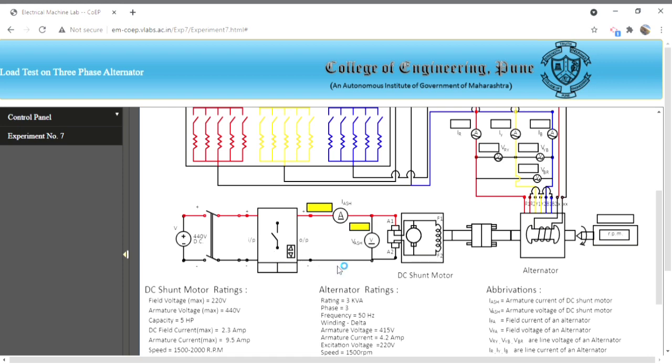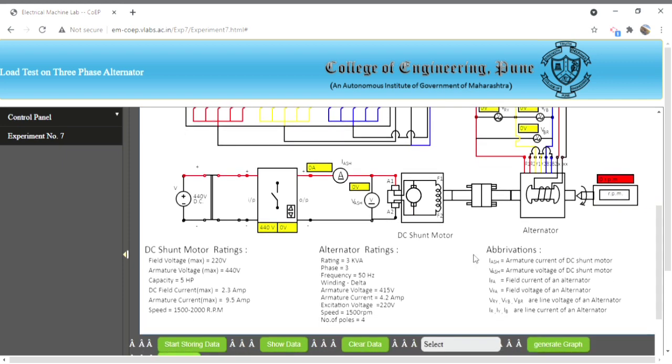First of all, we have to close the DPST switch connected to the DC shunt motor and apply the voltage in steps till it reaches the rated speed of the alternator. The rated speed, we can see, is 1500 RPM. The speed increases gradually.